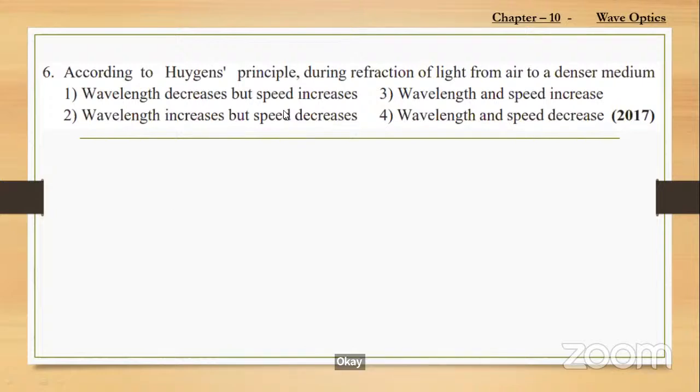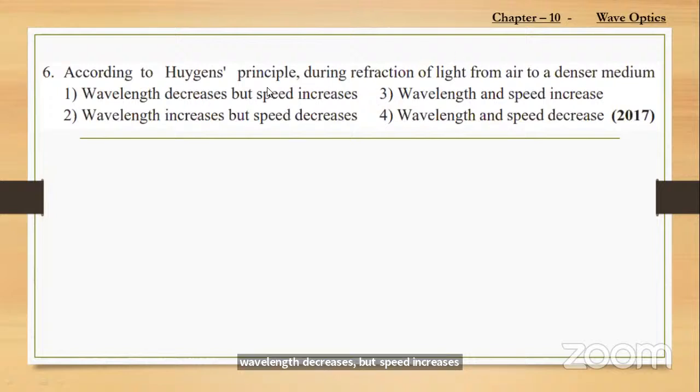According to Huygens principle, there are different wave theories: Newton's theory, Huygens wave theory, Planck's quantum theory, and Maxwell's electromagnetic wave theory. All the theories give you some ideas. According to Huygens principle, during refraction of light from air to a denser medium, wavelength decreases but speed increases.